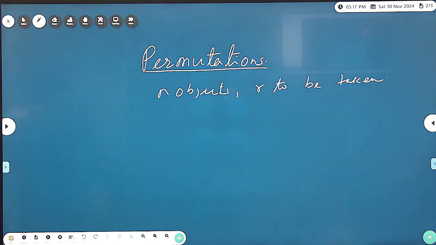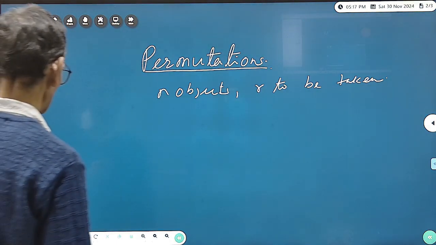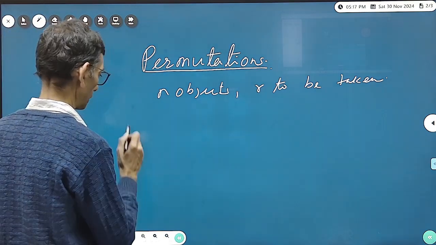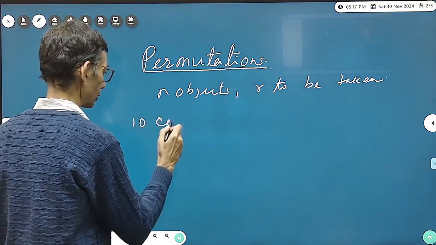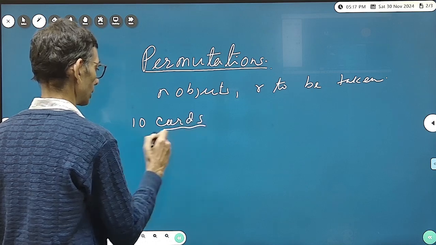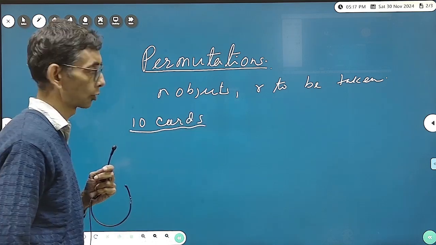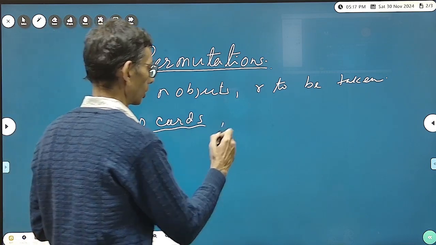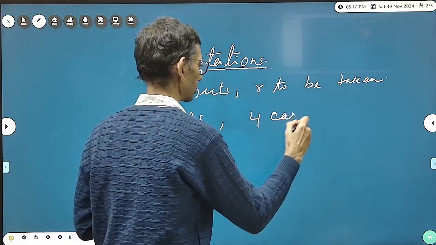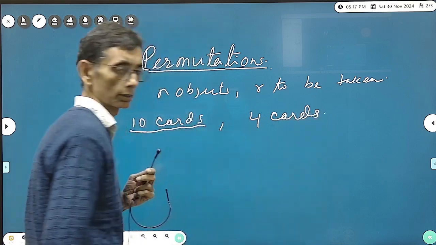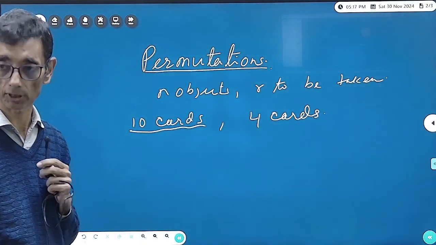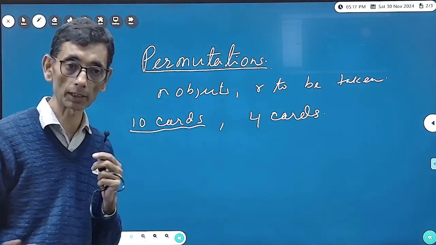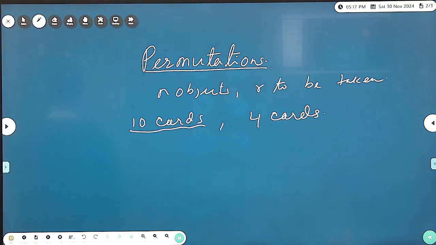Suppose there are 10 different cards, and you have to take 4 cards. Right, so how many different arrangements can be possible? See, permutation is nothing but arrangement of numbers or letters or objects.